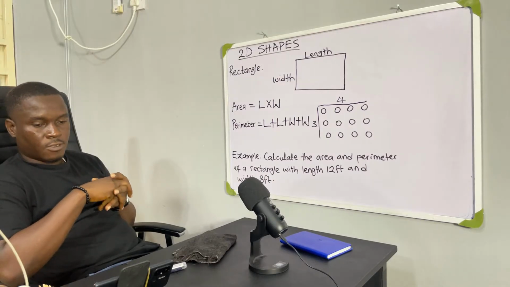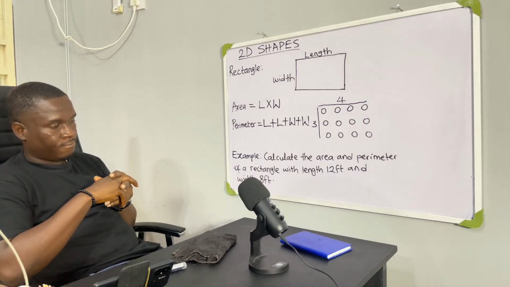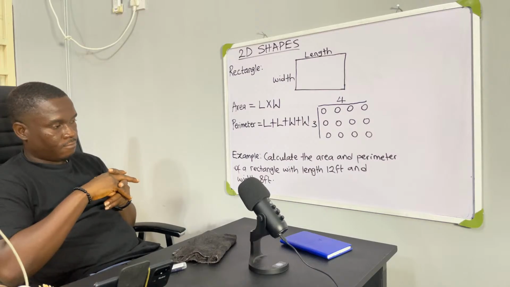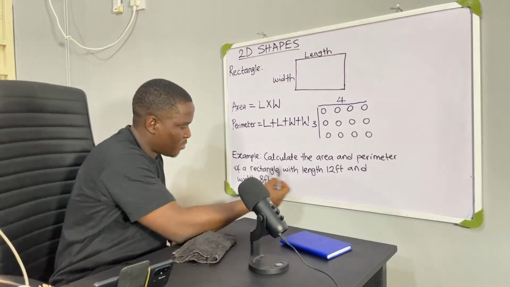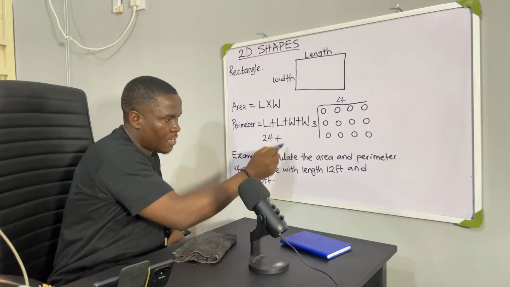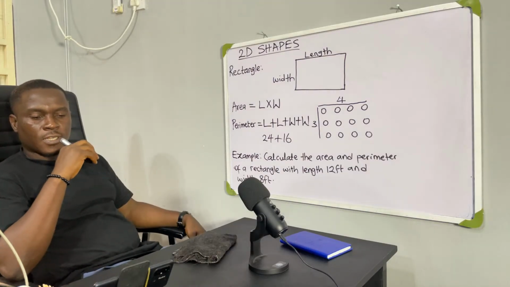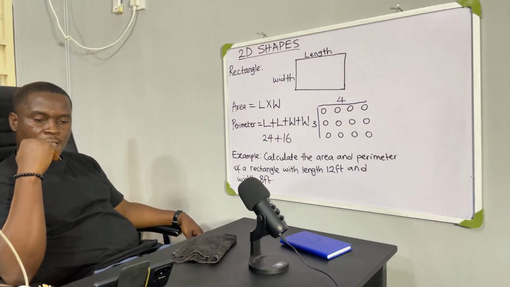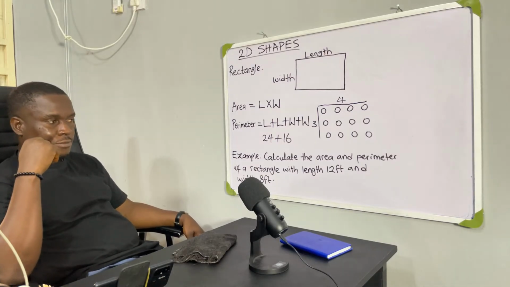I did 20. 40 plus 24, 64. 12 plus 12, you said is 24, right? Yes. Plus 8 plus 8 is 16. 24 plus 16 is 40. Okay.